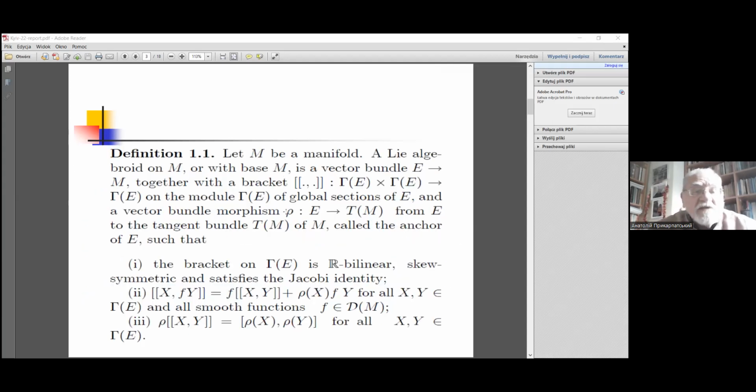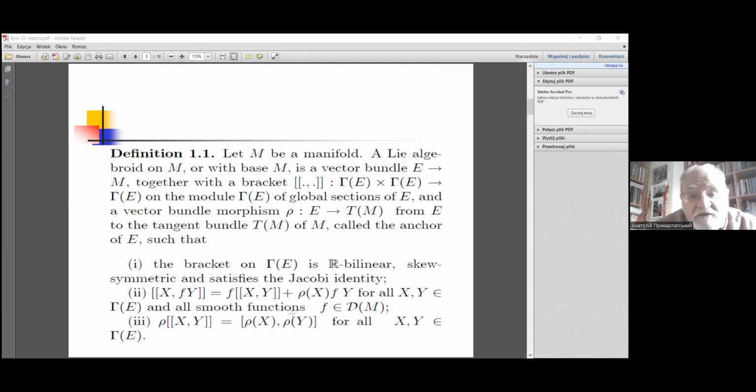And all this together satisfies the following three properties. The first one: the bracket on gamma E is R-linear, skew-symmetric, and satisfies the Jacobi identity. So we have the standard Lie bracket. The second one: the action of this bracket on the vector by f acts as a differentiation.